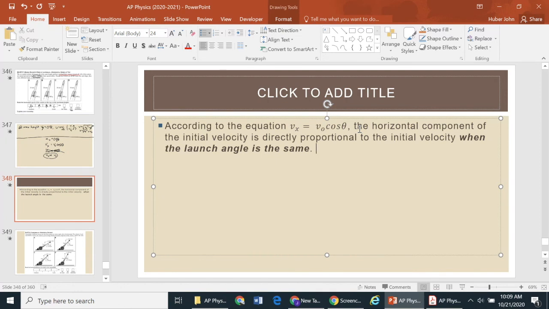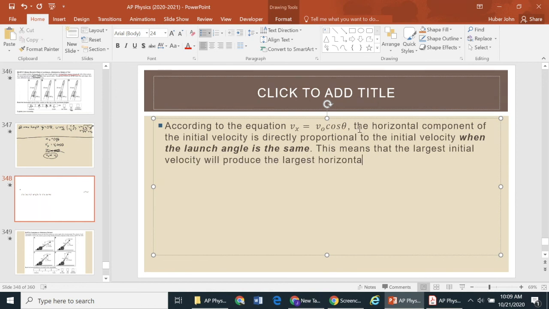And so essentially, because the angles are the same, this means that the largest initial velocity will produce the largest horizontal component of the initial velocity.